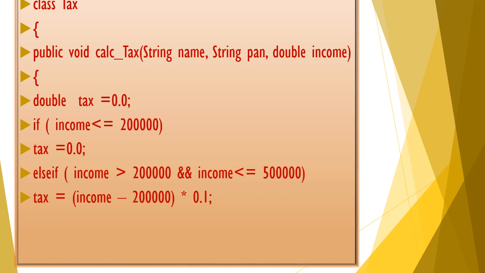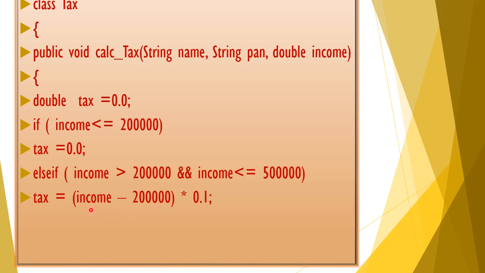Tax equals income minus 2 lakh star 0.1. That means 0.1 means 10%, that is 10% of the income exceeding 2 lakh.